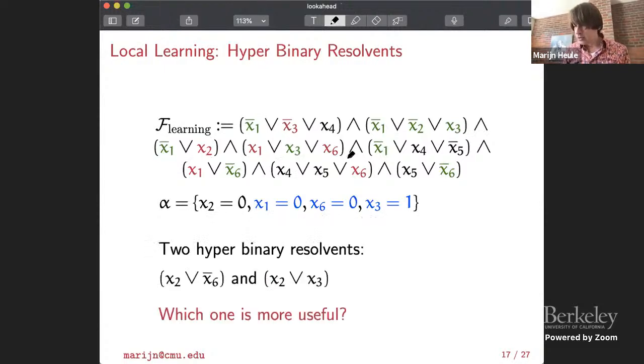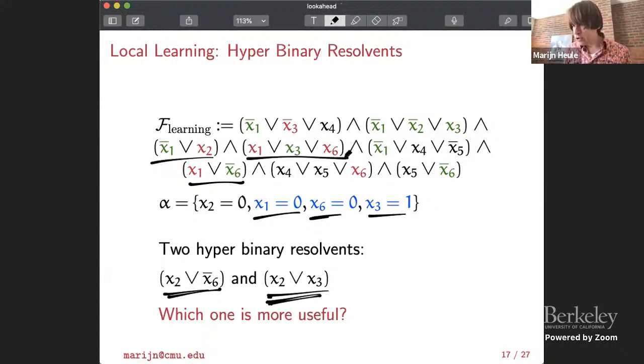And for all of the ones that are not implied by an x2 binary clause, we can add a hyperbinary resolvent, this one or this one. And the latter one is the most effective one, because this one is due to a binary clause, but this one is due to a ternary clause and would improve the unit propagation during future look-aheads.